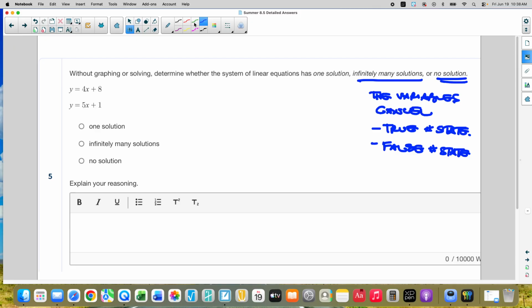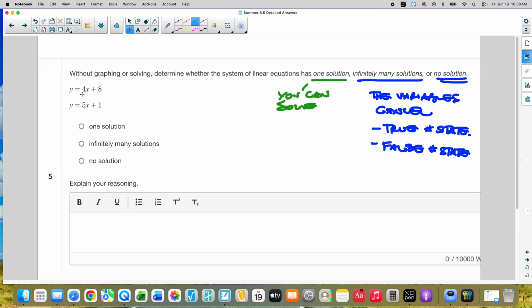And if it has one solution, then the variables don't cancel. You're left with one variable. You can solve it like the last two examples that we did.